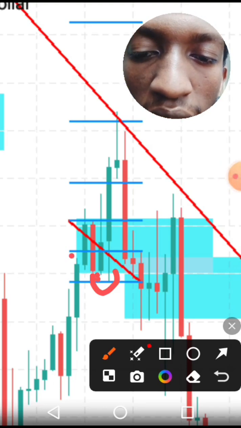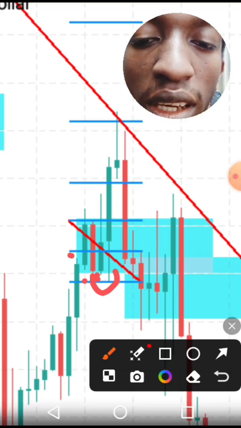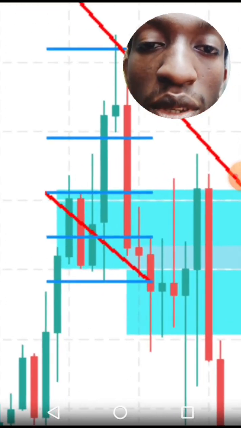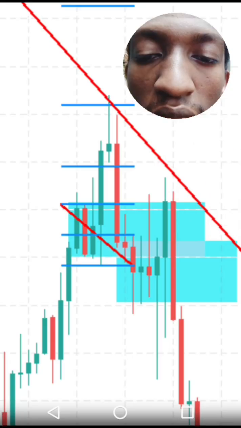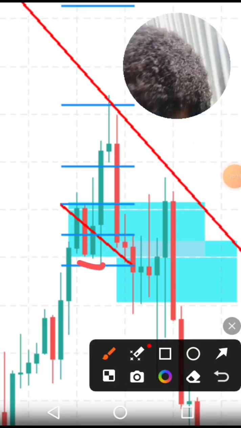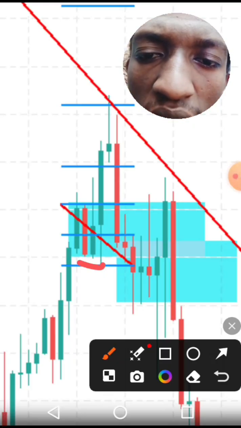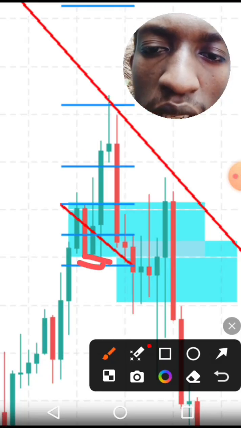The first candle's body is above the previous two candles, the future two candles, right? The candles in front. Okay, so that makes this black box, this whole thing.